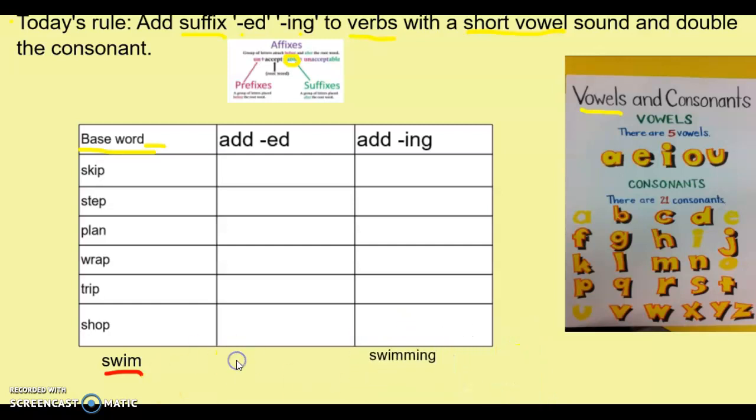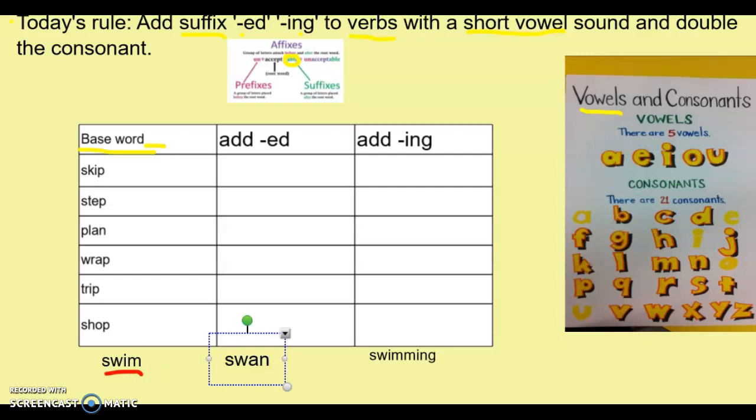But could I change it into the past tense and say Abdullah swimmed yesterday? Would that make sense? No, it wouldn't. So not every single verb that has a short vowel sound and a consonant follows that rule. So just don't be tricked. Look at the word and see what you think looks correct.